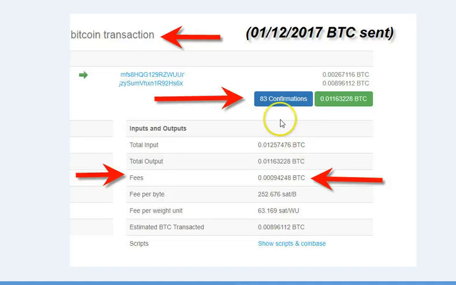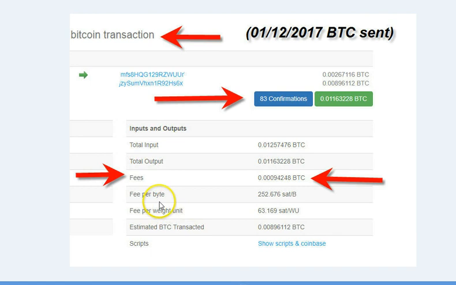Okay. The act of doing this generates fees for the miners, and in this particular transaction the fee is right here. Here's the input and the output. I would assume the difference between the two numbers would be the fee.